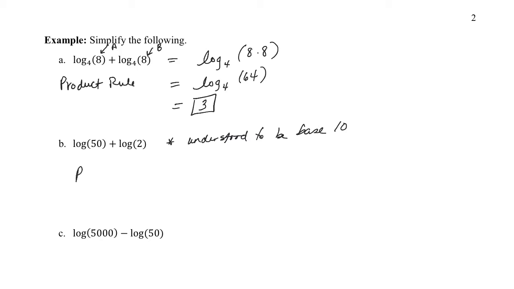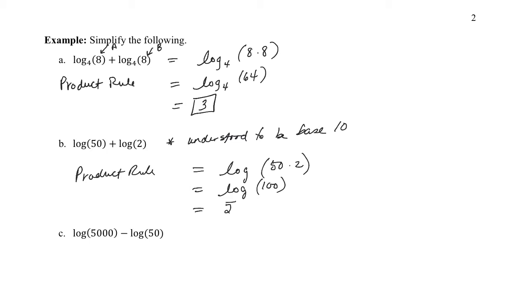Again, this is product rule. And this can be rewritten as the log of 50 times 2, which of course is the log of 100. Remember this is base 10, so I need to know 10 raised to what power is 100, and the answer of course is 2.